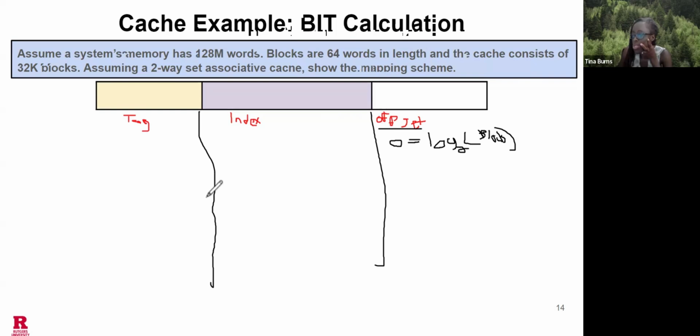If you guys remember when I talked about the unit of measurement for the offset, the unit of measurement that we're using for our lines or blocks is going to be in bytes, right? One word is the same thing as 1 byte, which is the same thing as 8 bits.